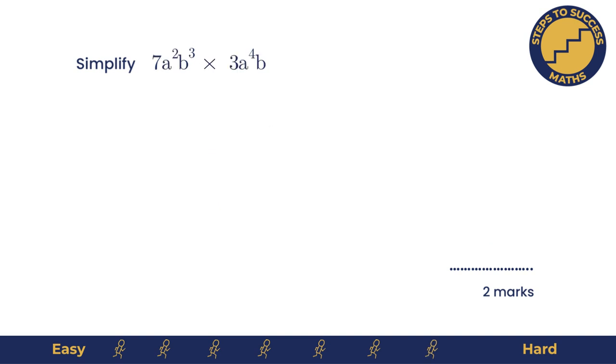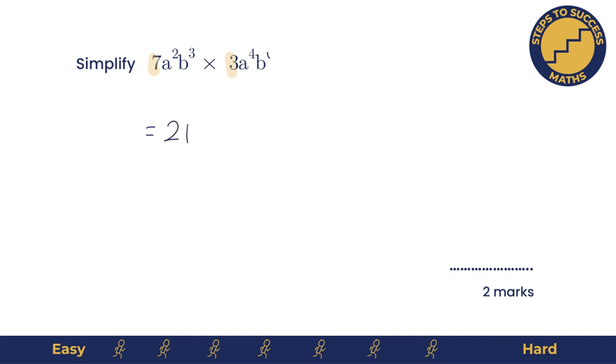Simplify. 7a squared b cubed times 3a to the 4b. Lots to do here. So remember, the b at the end is really b to the power of 1. It's helpful to write that in sometimes. Start with the numbers. 7 times 3, so that's 21. Now let's do the a's.